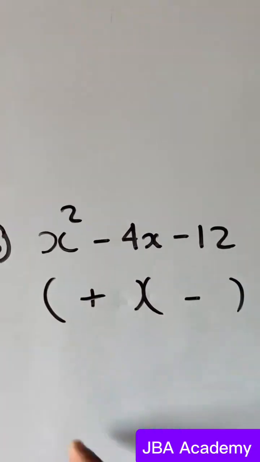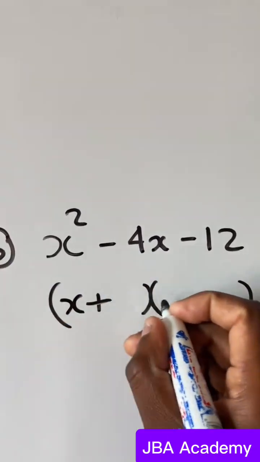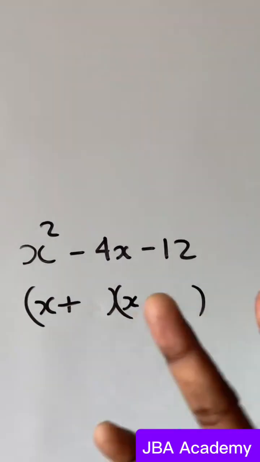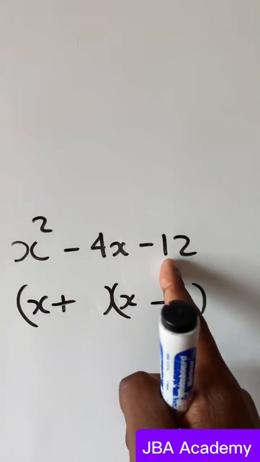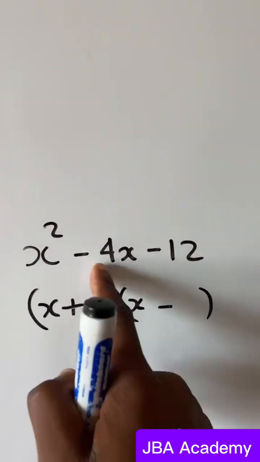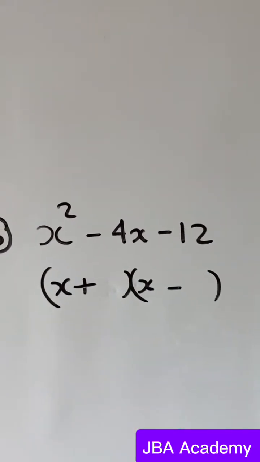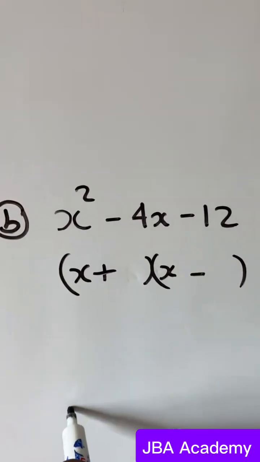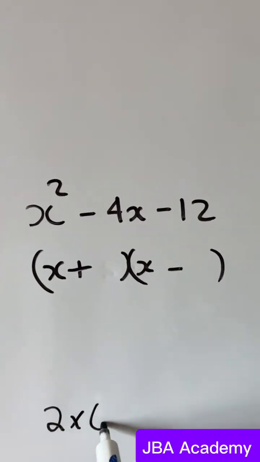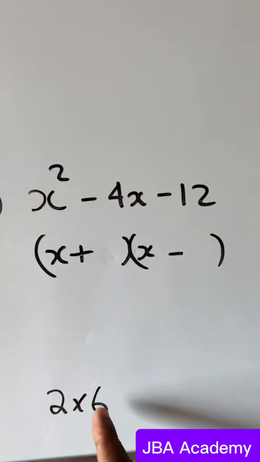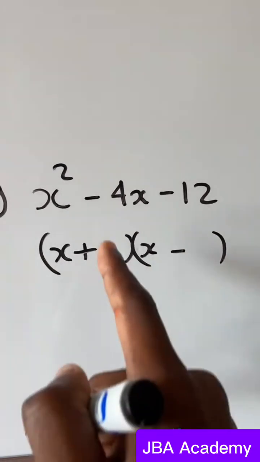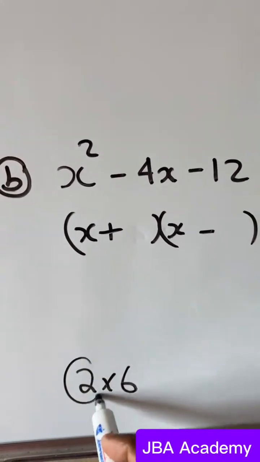So we do that. How do you get the first term? Like that. Now we want two factors. When we multiply them, they give us negative 12. When we subtract them, they give us negative 4. And those factors are 2 and 6, because 2 multiplied by 6 is 12, and then 2 subtracted from 6 gives us 4. But now remember, I told you you're going to have two factors.